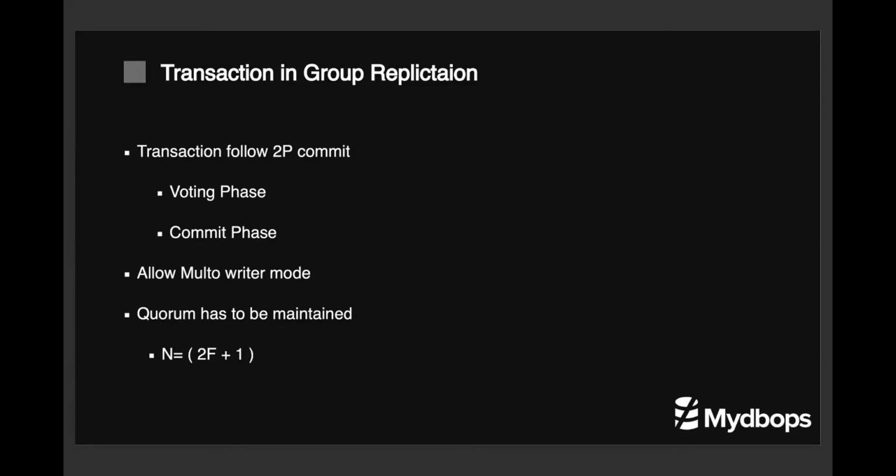The first thing is they are received by the other nodes, the acceptors. That's what they call them here, the leader and the acceptors. The acceptors receive it, and they all come to an acknowledgement saying that okay, this change or this write set can be applied without any conflict. Then they give acknowledgement: okay, we can go for the commit phase.